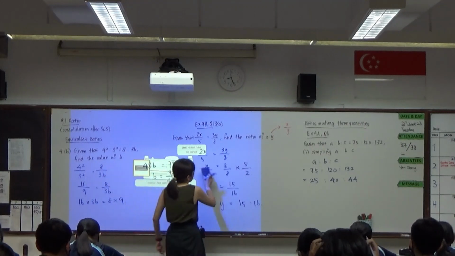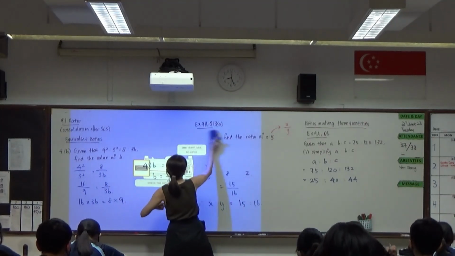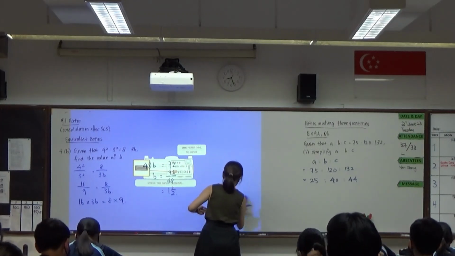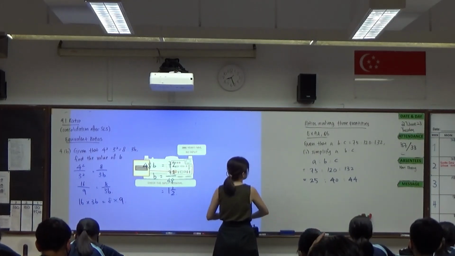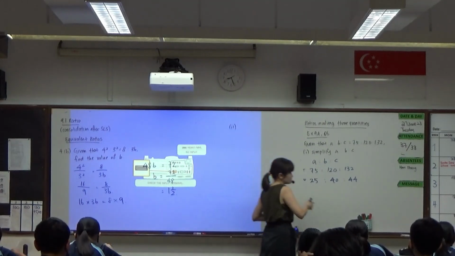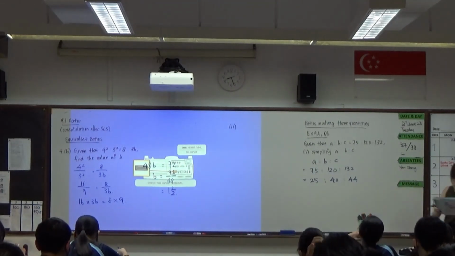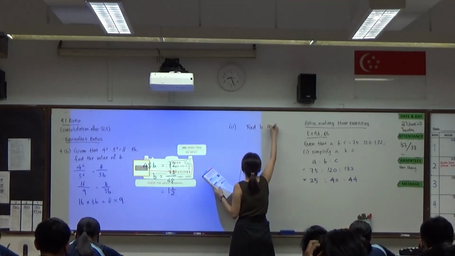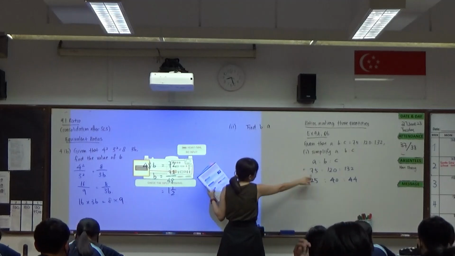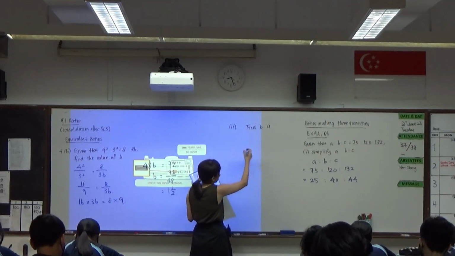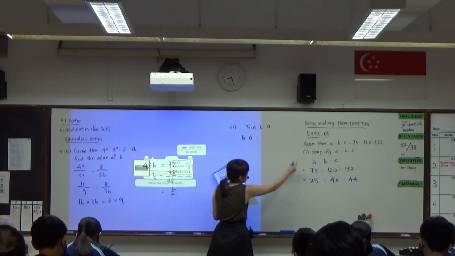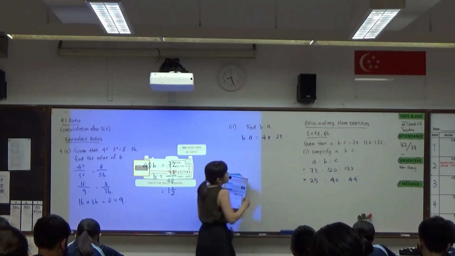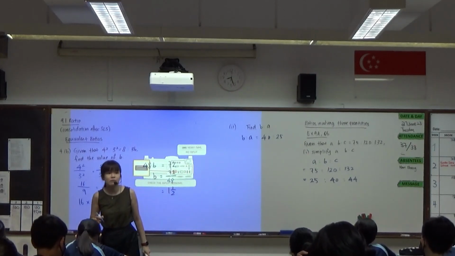Okay, then looking at part 2. We want to find out what is B is to A. So we will refer to our answer over here in part 1. So B is to A will mean 40 is to 25. But is 40 is to 25 the simplest form already?